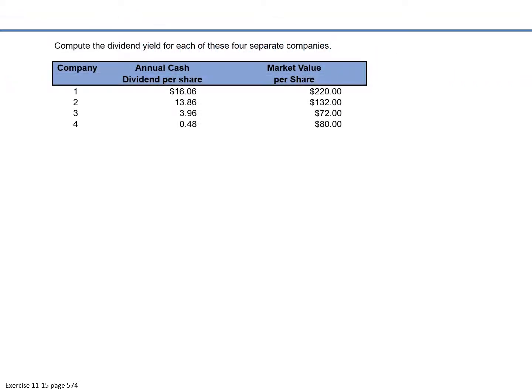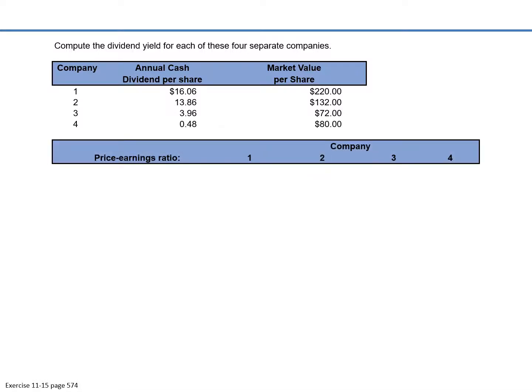All right, exercise 11-15. In this one, they want us to compute the dividend yield for each of the 4 separate companies. Our dividend yield is the annual cash dividends per share divided by market value per share.